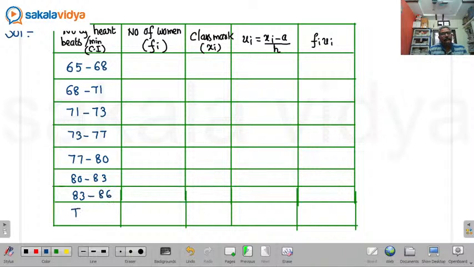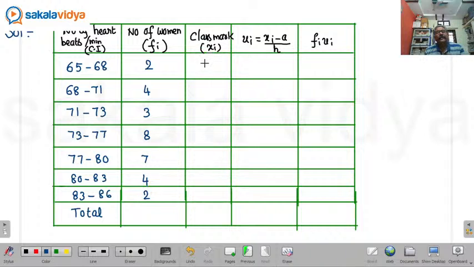This will be the total. You should be very careful while preparing the table. For preparing the table also, you may get one or half a mark in the examination. Next, whatever is given, the number of women, that's called frequency: write down 2, 4, 3, 8, next 7, next 4, next 2.